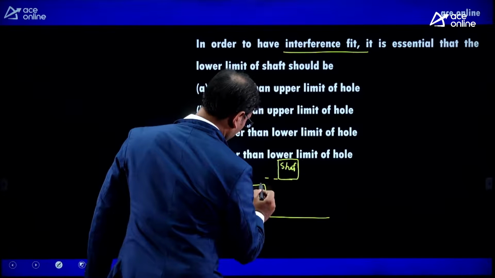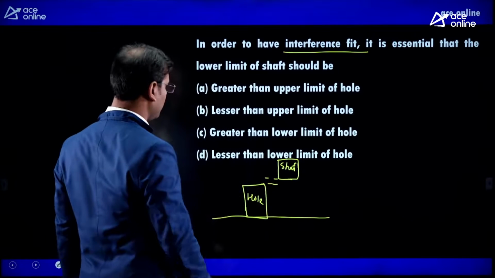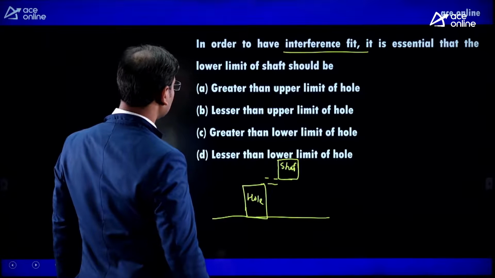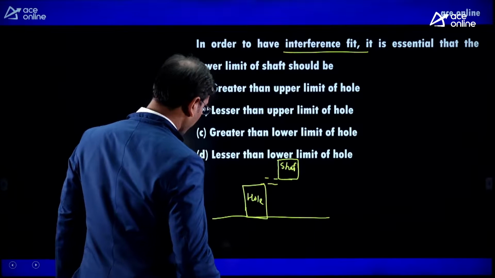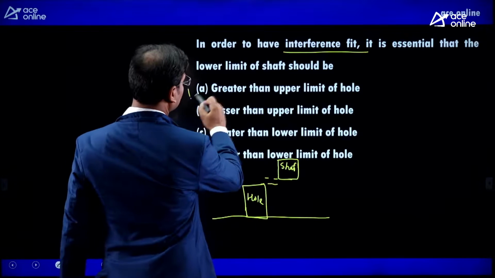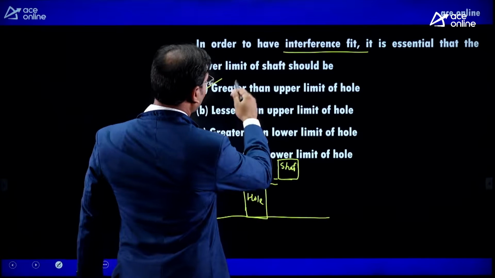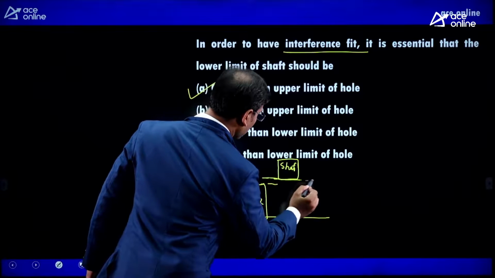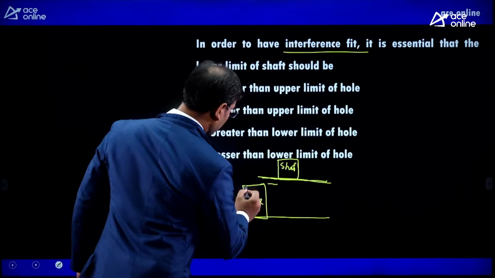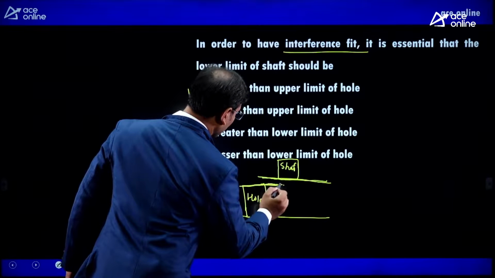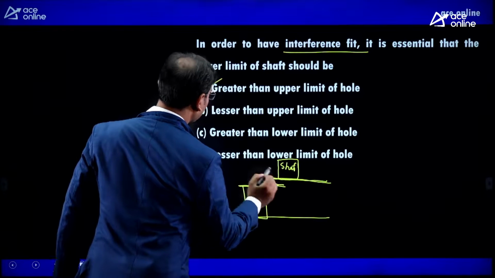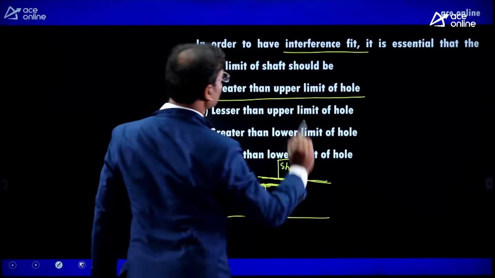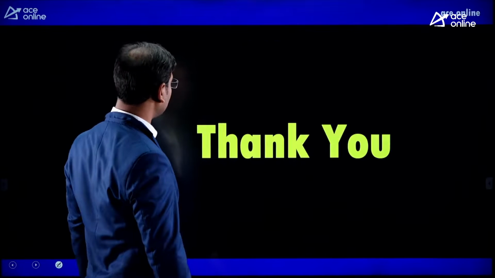This is the lower dimension of the shaft and this is the higher dimension of the hole. So the lower limit of the shaft is greater than the upper limit of the hole, that is the correct answer, option A.